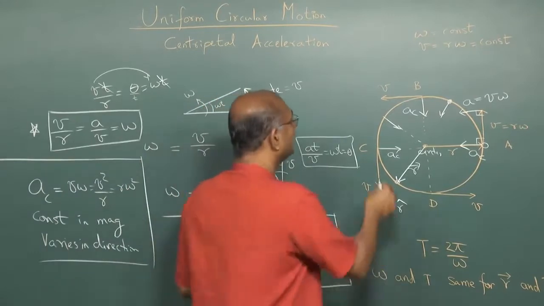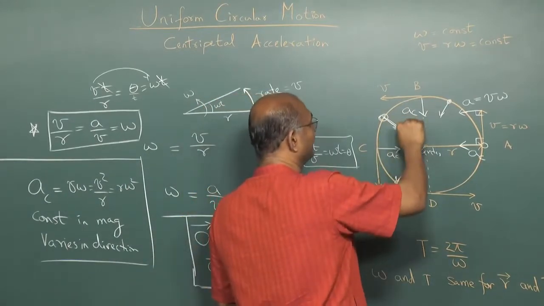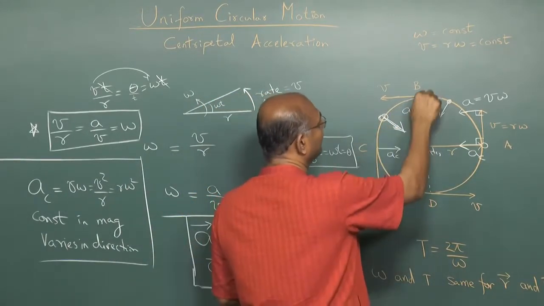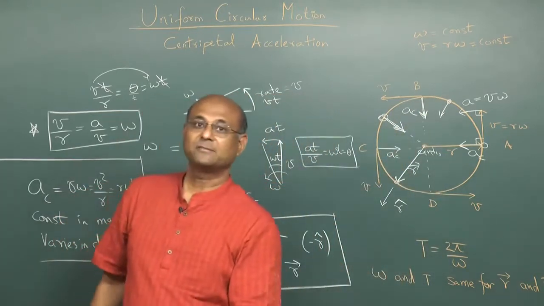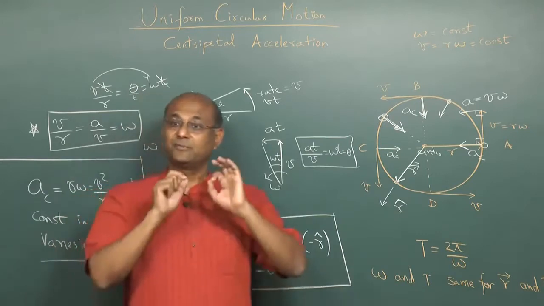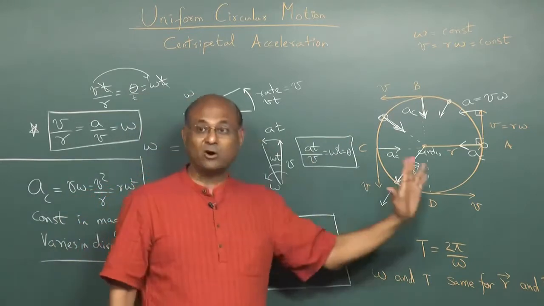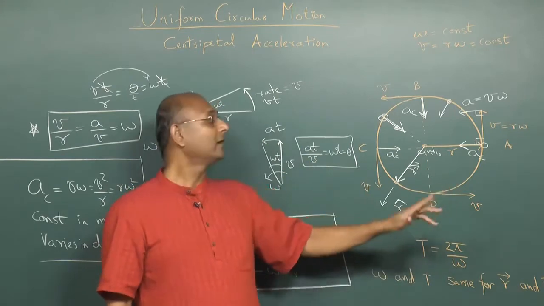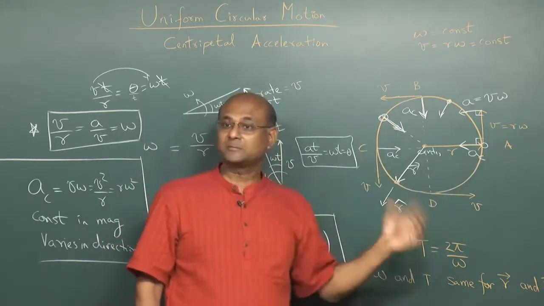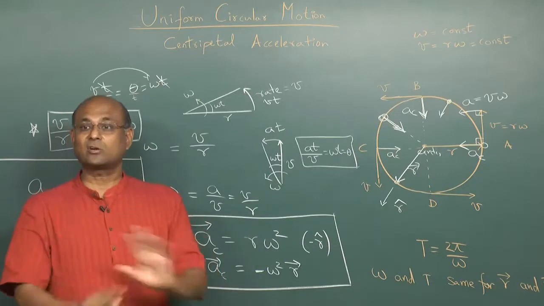Also remember that at this location, the acceleration vector is very different from at this location. The magnitudes are the same. As vectors go, acceleration is varying. It is not uniform acceleration. When you are going in uniform circular motion, the acceleration is not constant.